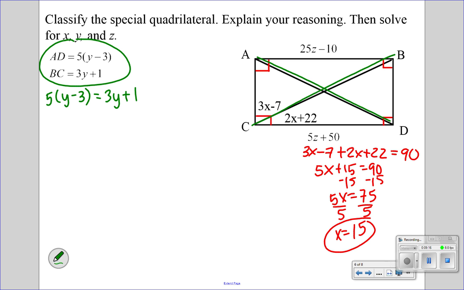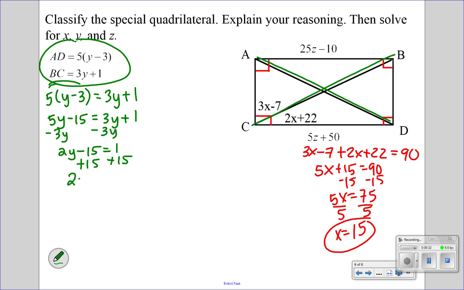Now we can solve, so we distribute. 5y minus 15 is equal to 3y plus 1. Subtract the 3y. 2y minus 15 is equal to 1. Add the 15, 2y equals 16, y is equal to 8.